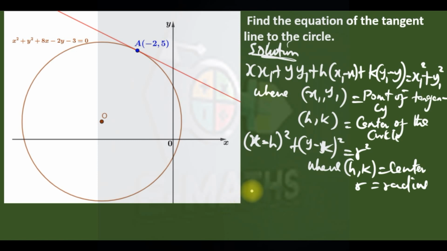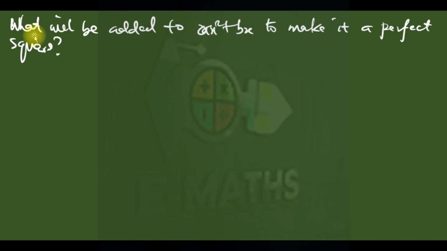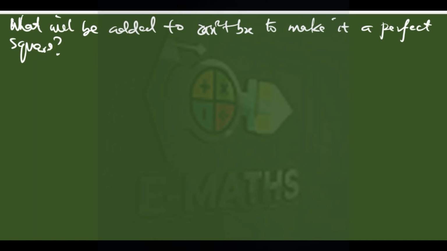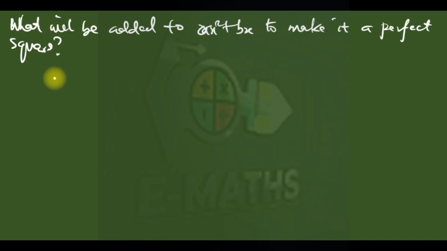Let's revise perfect squares. What will be added to something to make it a perfect square? Assuming we ask what will be added to this quadratic function ax squared plus bx to make it a perfect square? We always add b squared over 4a to make this quadratic function ax squared plus bx a perfect square.